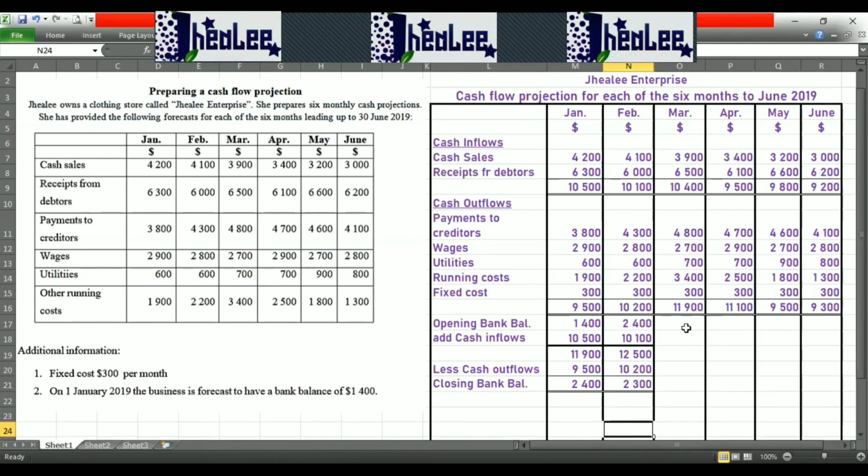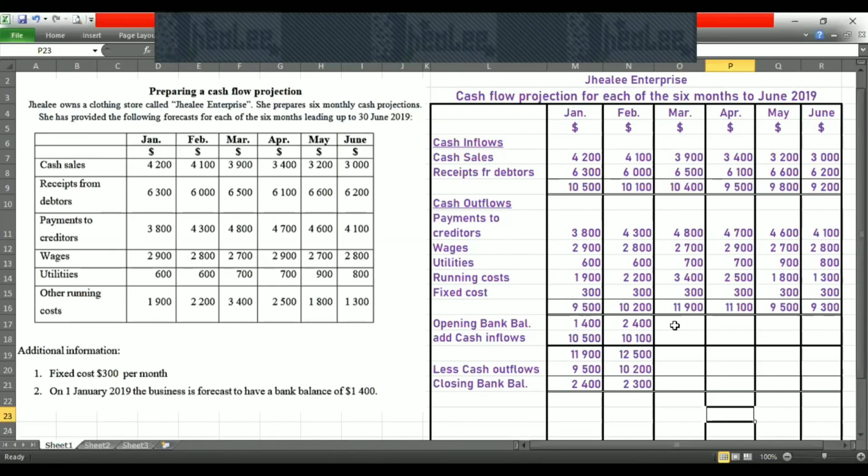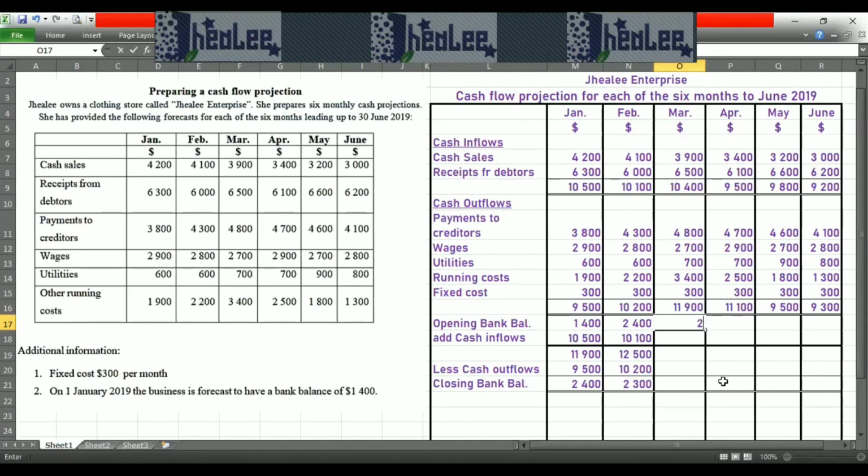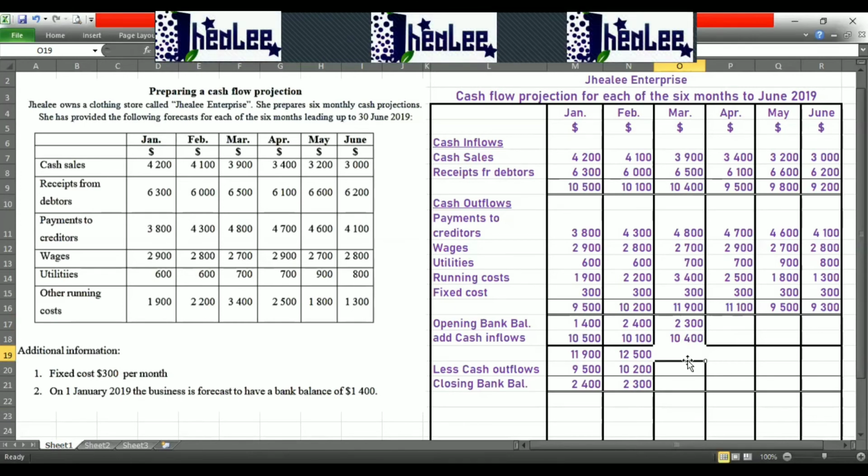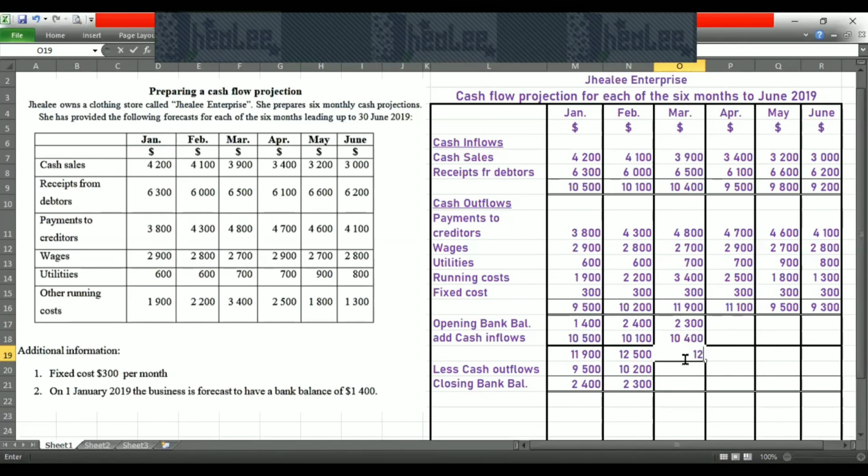So let us do for March. So for March, the closing bank balance coming from February becomes the opening, that is 2,300. To that 2,300, you're going to add the inflow of 10,400. And that gives us a value of 12,700.